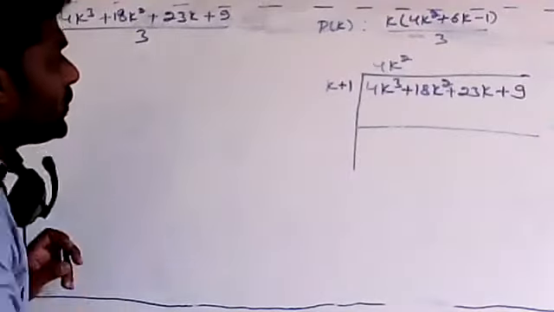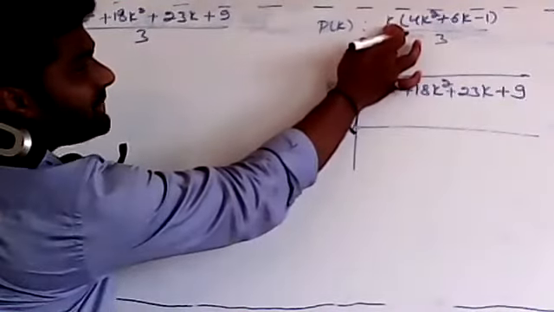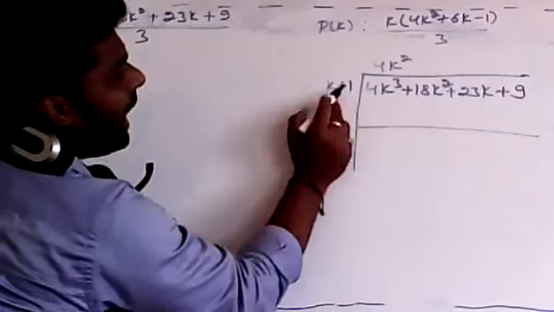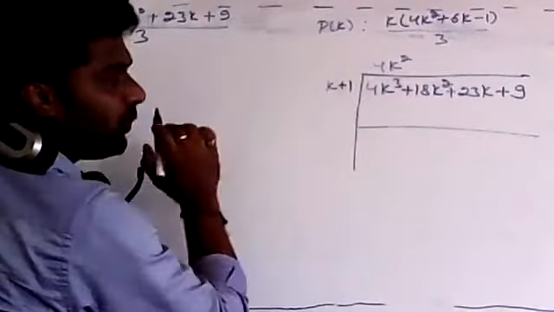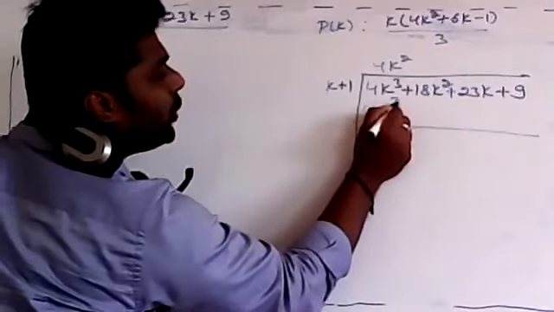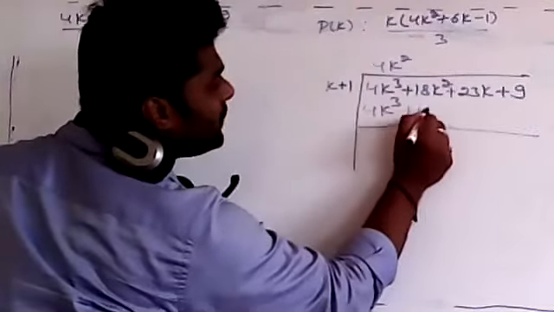Yes. Okay. So just write this down here, but here I want k plus 1 into the term, so k plus 1 I'm writing. To get 4k cube, I have to multiply k with what? 4k square. So 4k square into k is what? 4k cube. Got it?